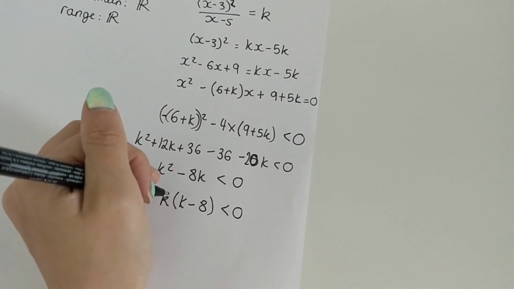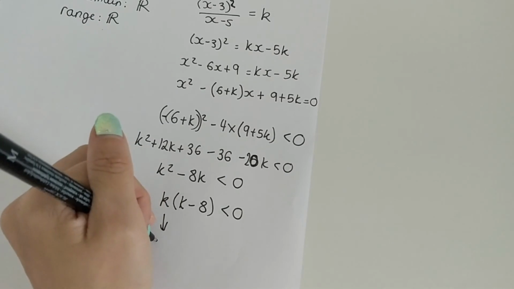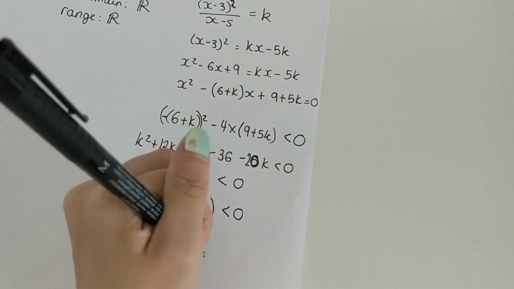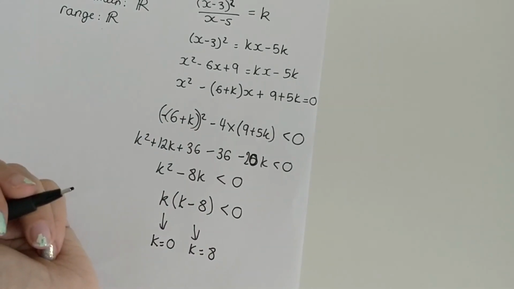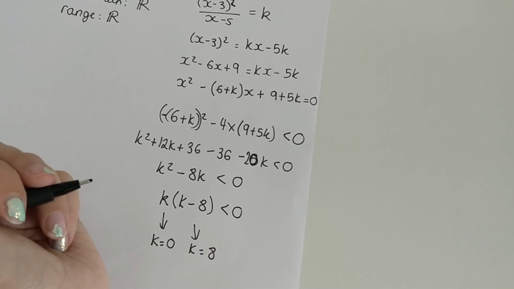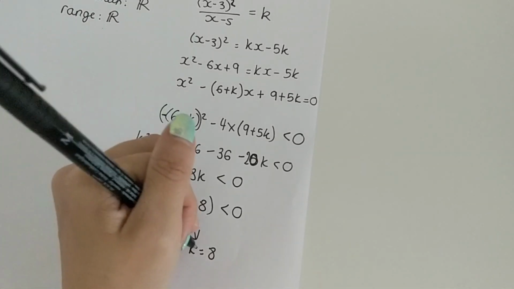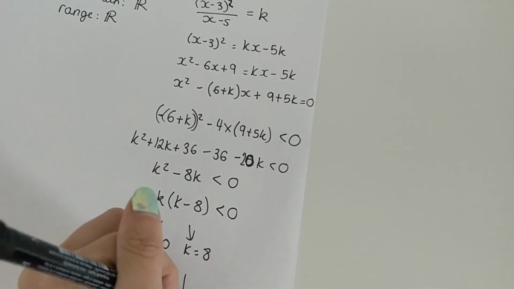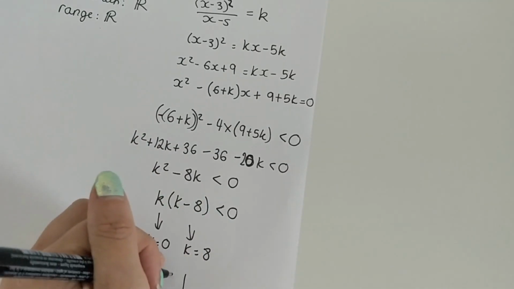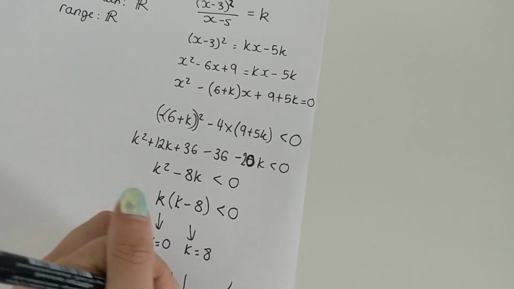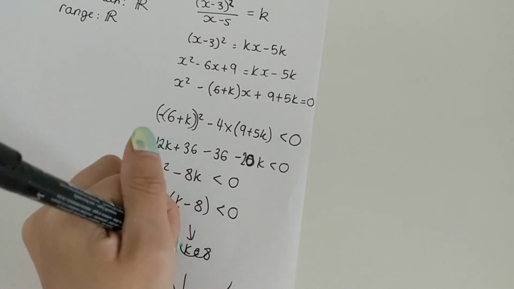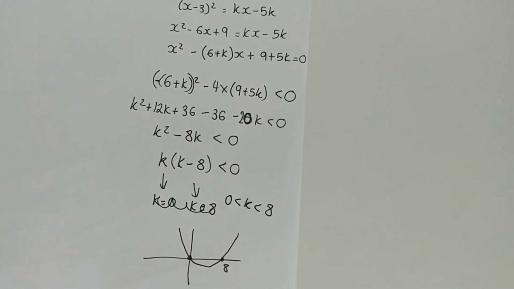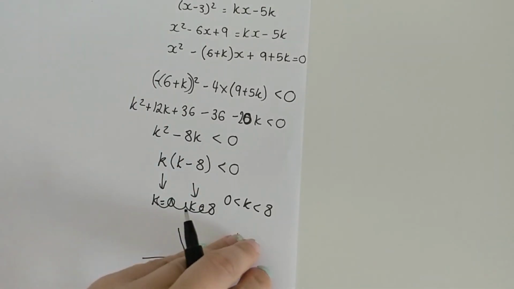Okay, so k equals 0 or k equals 8, apparently they're impossible. That's quite interesting, isn't it? Oh wait, it's not that they're equal to, it's less than. Okay, so let me think. 0 and 8. So anything between 0 and 8 is impossible, apparently. That's quite interesting, isn't it?